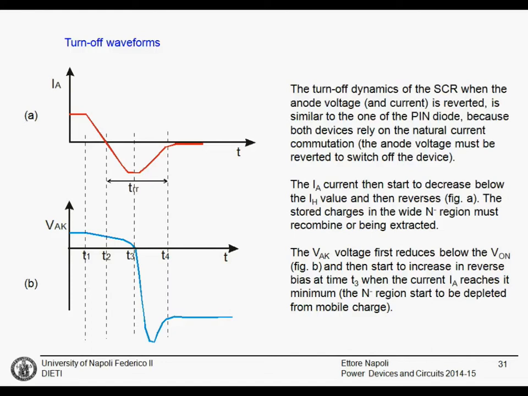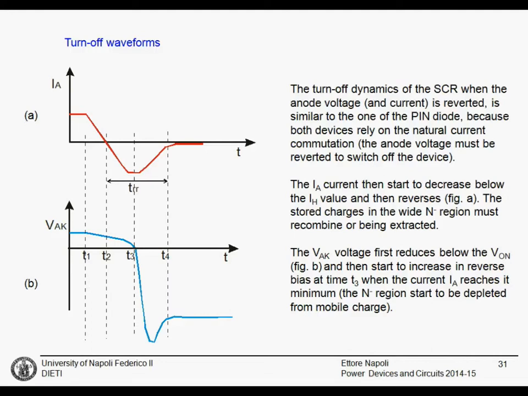There are also other advantages resulting from the use of cathode shorts. Since we are reducing the gain of the NPN transistor, the breakover point in forward blocking mode is closer to the ideal voltage.